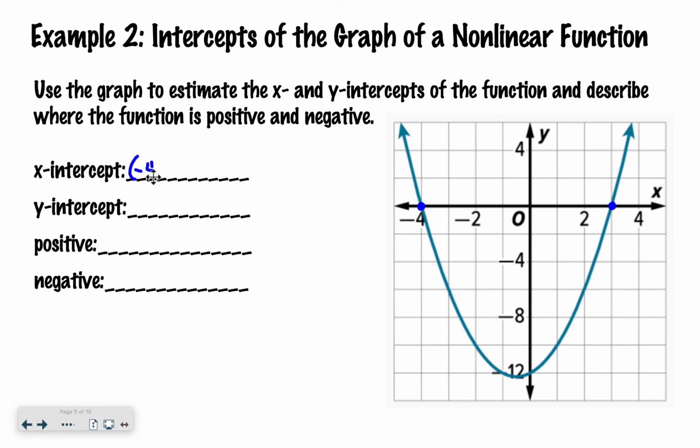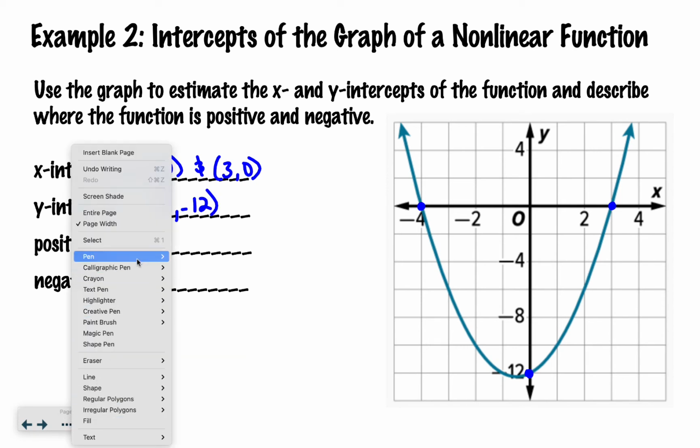So -4, 0, and 1, 2, 3, 0. So those are my 2 x-intercepts. My y-intercept is still, where does it cross the y-axis? So here it's 0, -12. Again, I just have one y-intercept. I don't have more than one.